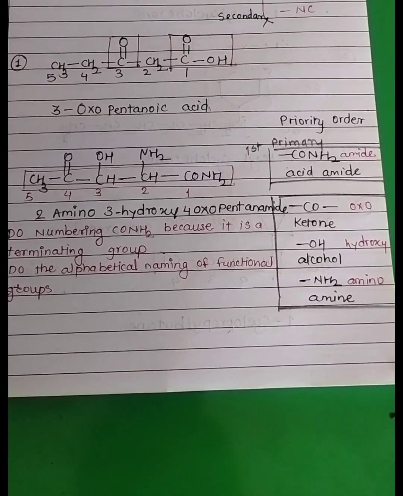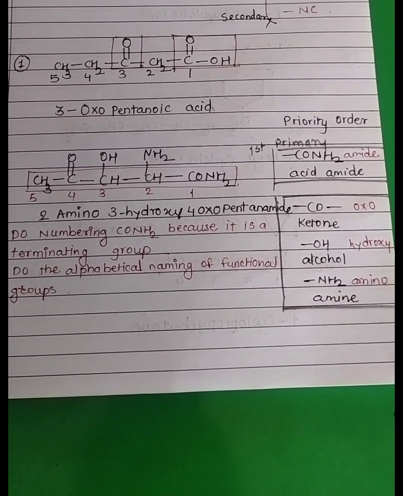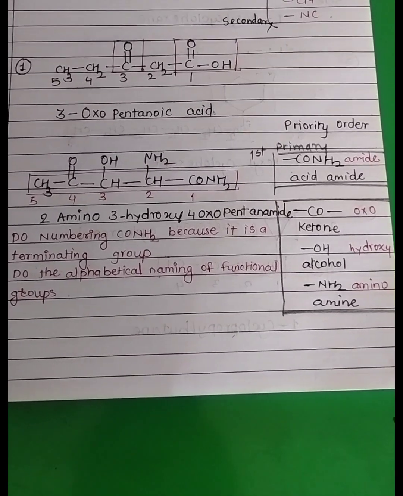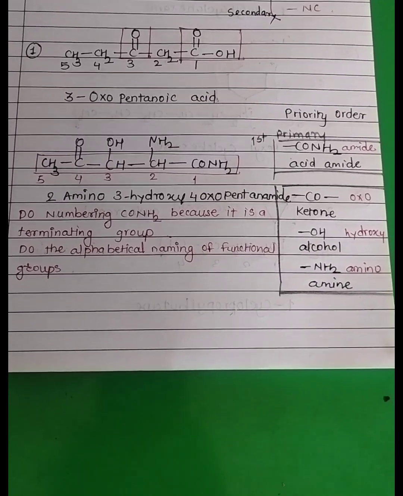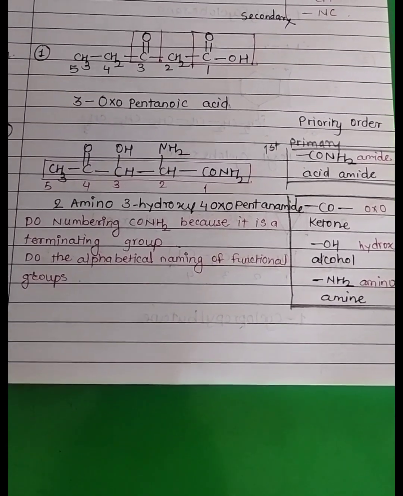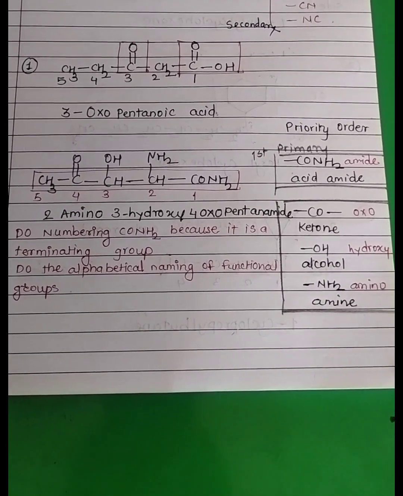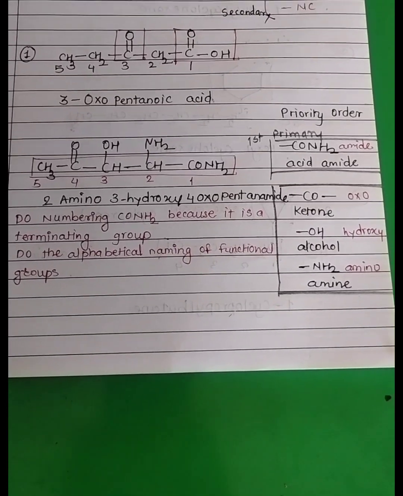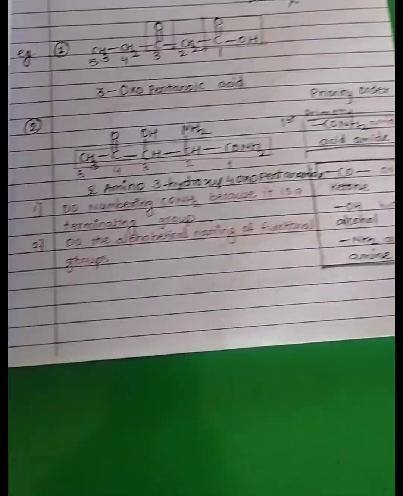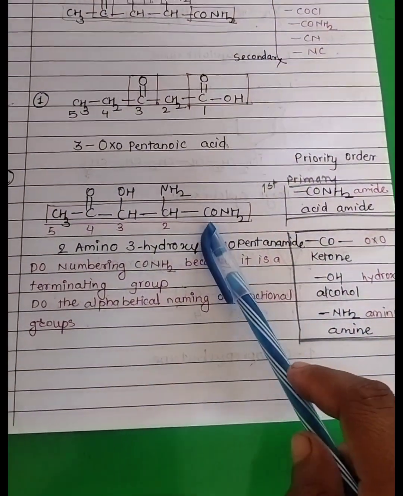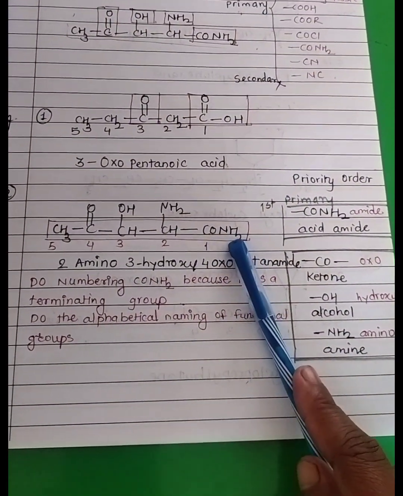For the ketone CO, as a substituent we use oxo, for OH we use hydroxy, and for NH2 we use amino. So do the numbering from CONH2, because it is a terminating group, so we number from the side attached to the CONH2.